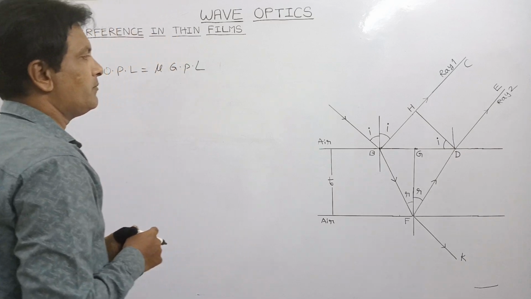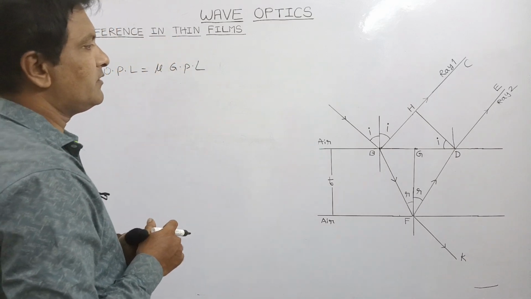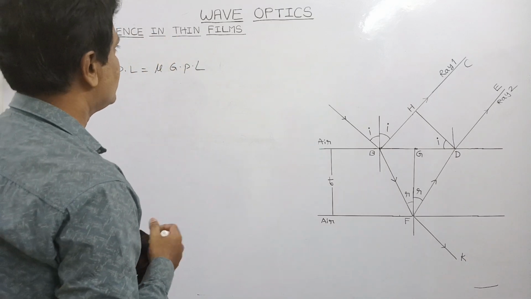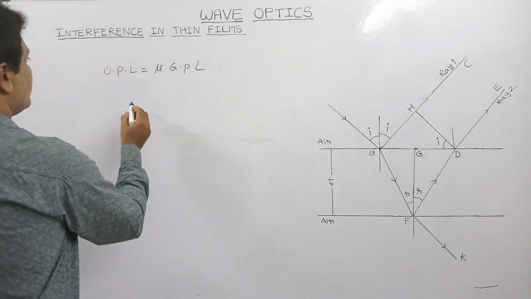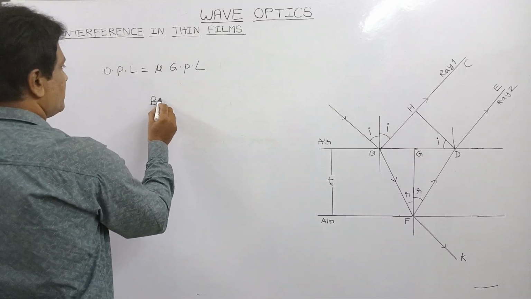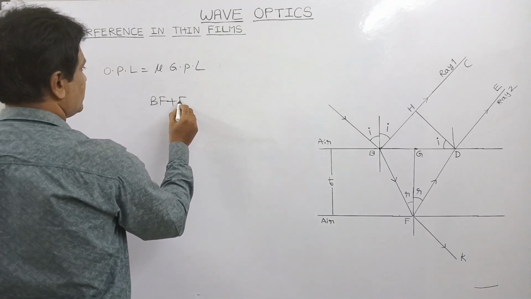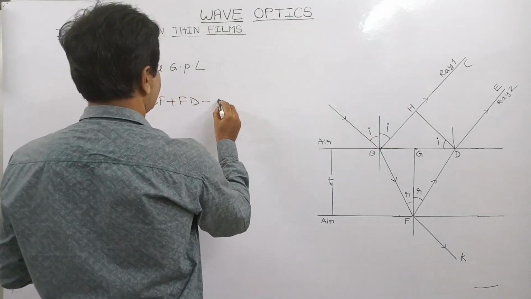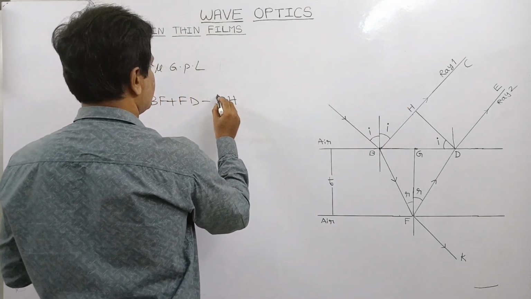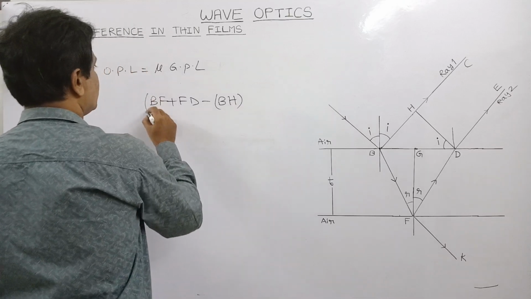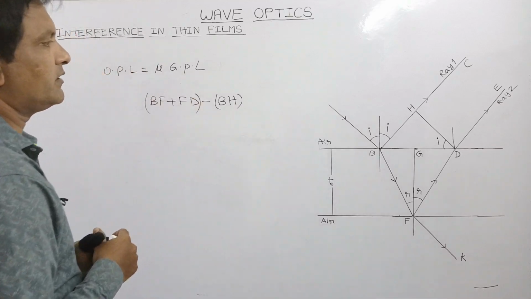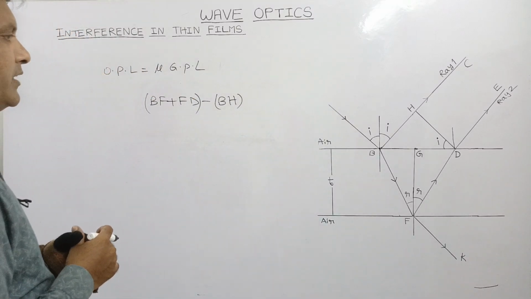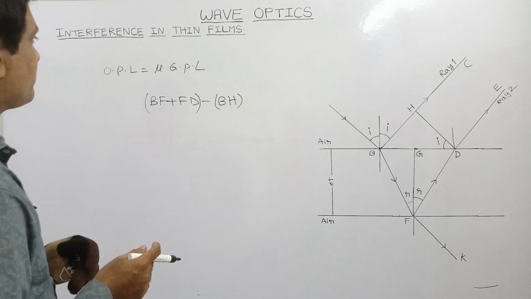So the geometrical path difference is nothing but BF plus FD minus BH. This we can say is the geometrical path difference.